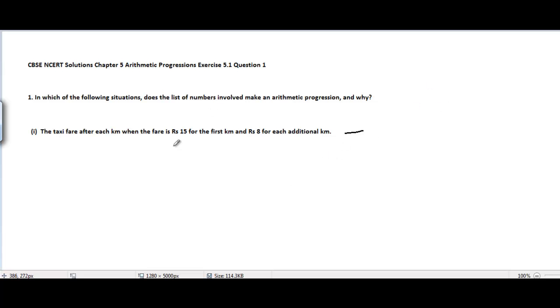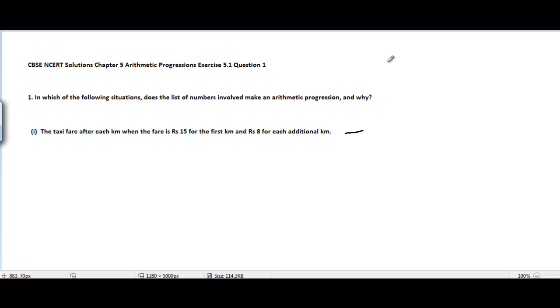So the very first problem in this is the taxi fare after each kilometer, when the fare is rupees 15 for the first kilometer and rupees 8 for each additional kilometer. Okay, before going through the problem, we will discuss what is an arithmetic progression.